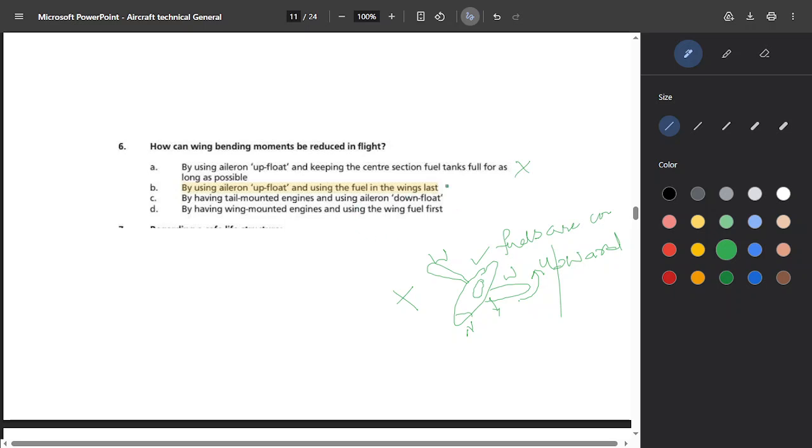Option B is right. Option C, by having tail mounted engines and using aileron down float. See, tail mounted engines is not logical at all. By having wing mounted engines and using the wing fuel first, this is also wrong. So B is the correct answer.